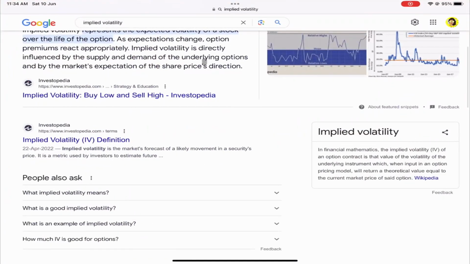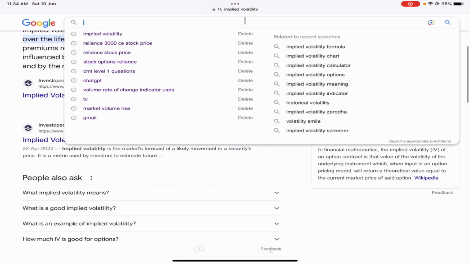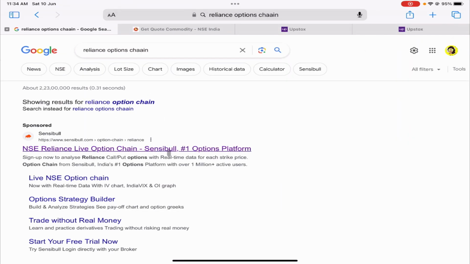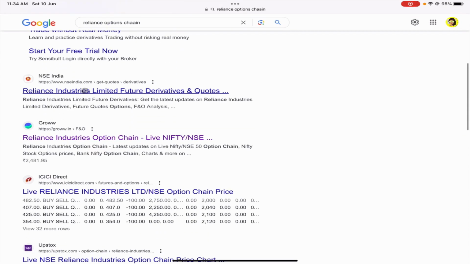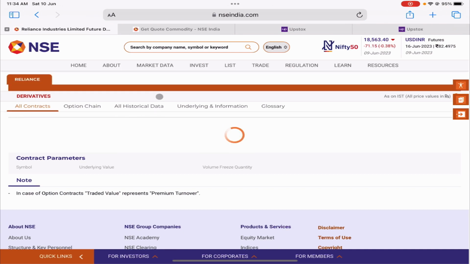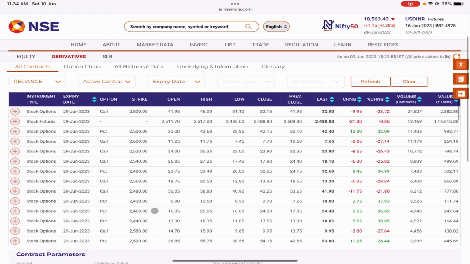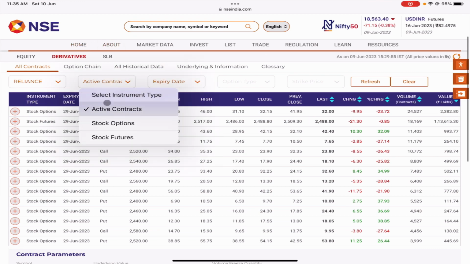If you go on your option chain, again let me take the Reliance options chain. Okay. Look at this. Can you see this? These are the strike prices. These are my either call option or put option, and open, high, previous close, whatever.